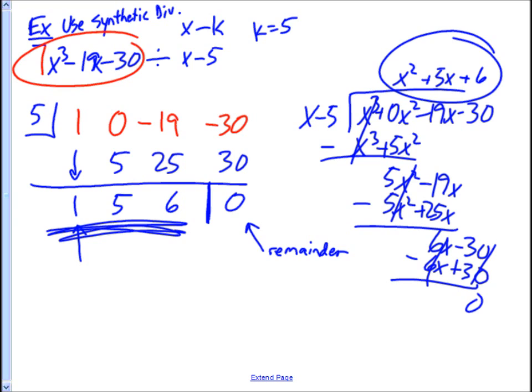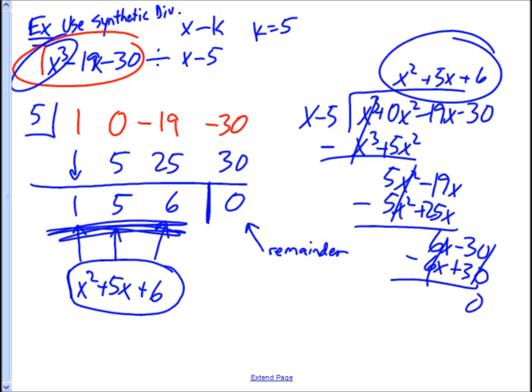So I have 1x squared, which is 1 degree less than this. You see how we have x cubed up here? So it's 1 degree less than that. 1x squared, then 5x, going down in degree, plus 6. So x squared plus 5x plus 6. You see how it's the exact same?